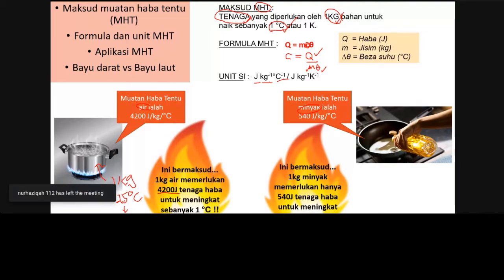Okay, berbanding dengan minyak, you ada 1 kg of minyak, you nak naikkan from 25 to 26, you only need 540. Nampak? 540 je. Sekejap je. Maksudnya you letak sekejap je api, dia dah panas. Yang ni you kena letak lama sikit. Sebab dia perlukan lebih banyak.